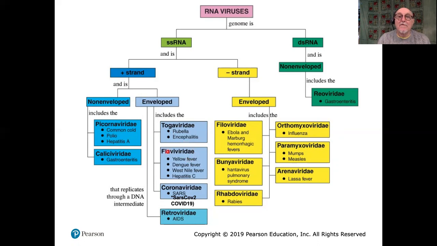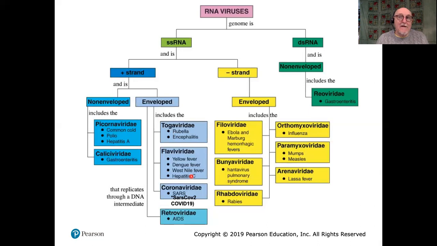The next group are called the flaviviridae, and some of these you will have heard of because they are viruses which are of current interest, especially with global climate change. The ranges of these viruses are expanding because many of them are vectored, especially by mosquitoes.